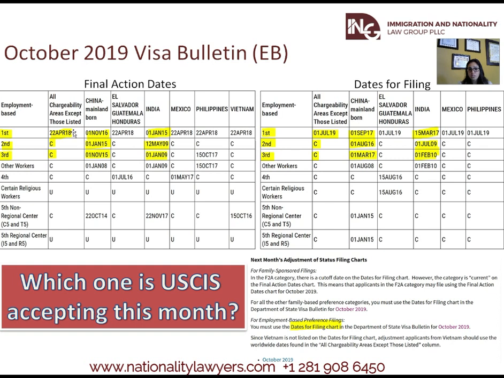By the time you get to your interview with USCIS, if by any chance your priority date is not current under the final action date, then USCIS will have to hold your application and only issue your green card once the final action date is current, or the cutoff date for you is current, meaning available.